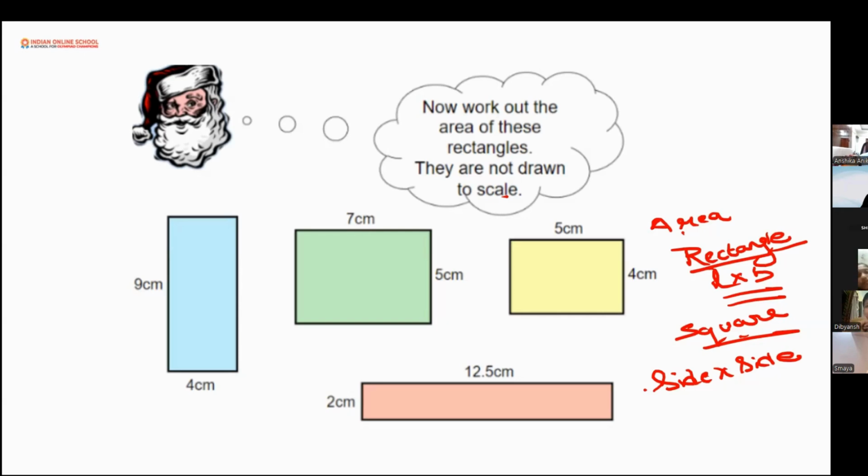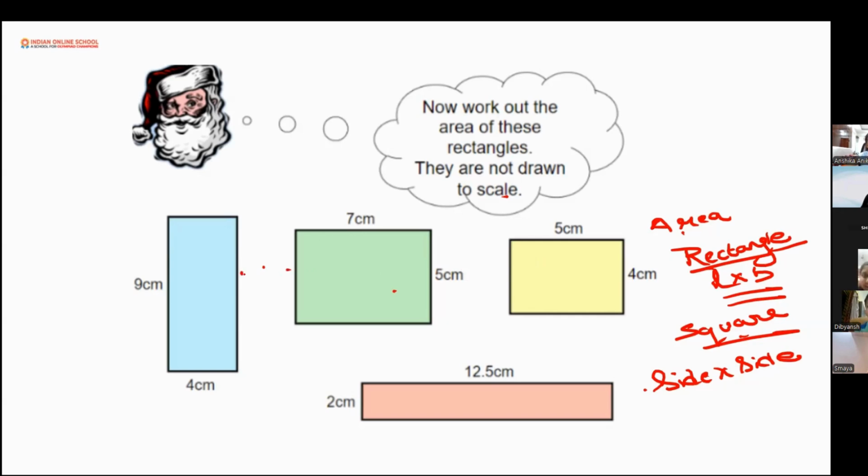You mean the parallel sides are the same, isn't it? Yes, ma'am. Okay, so a rectangle has two dimensions, one is the length and the other one is the breadth, or we can say side into side. That's common for both square and rectangle.